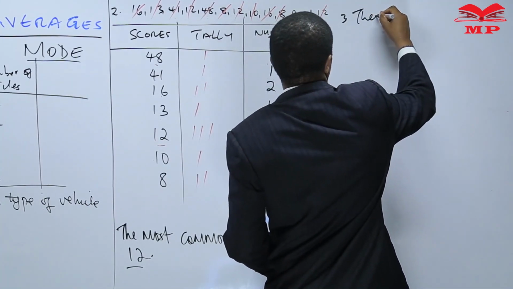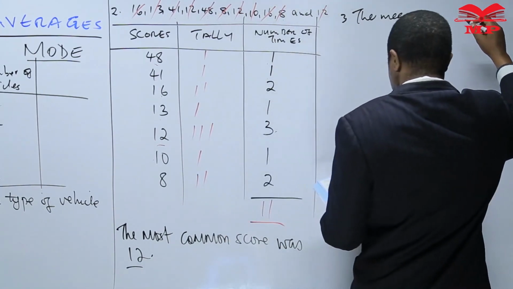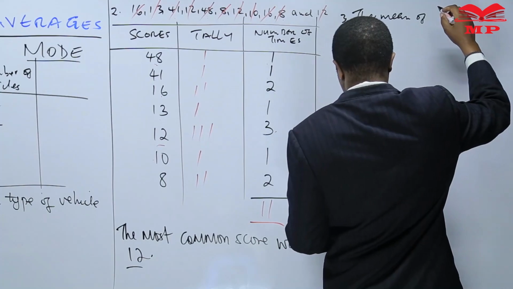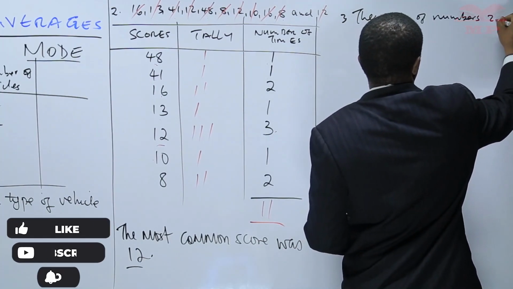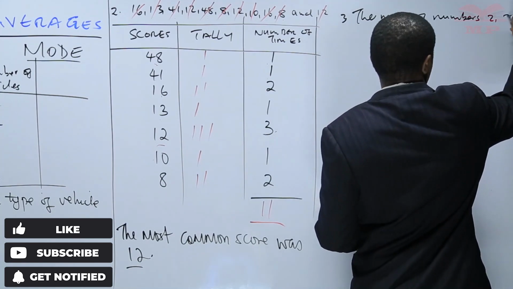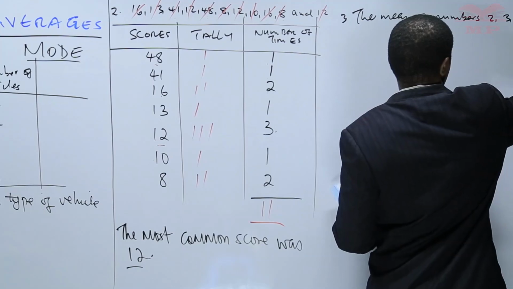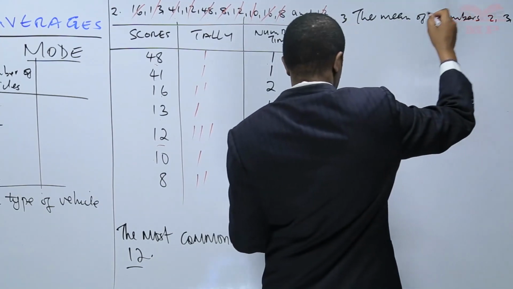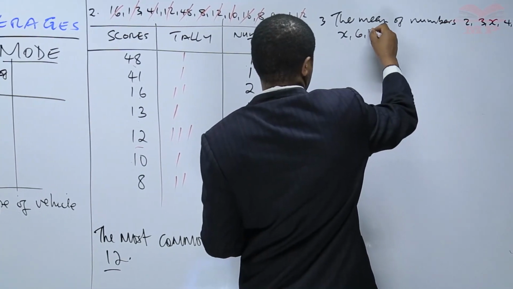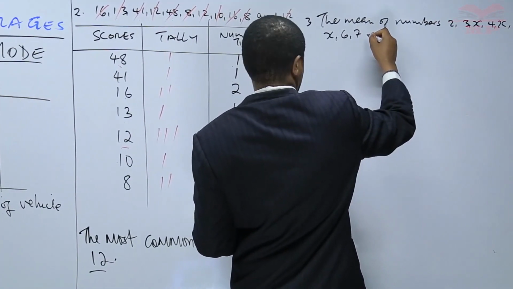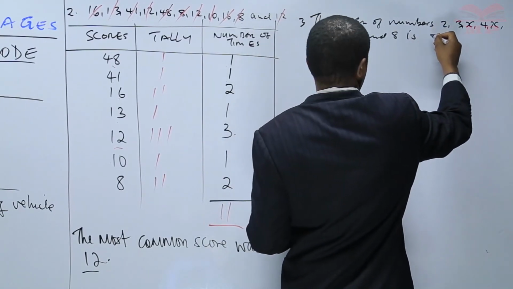The mean of numbers 2, 3, x, 4, x, 6, 7, and 8 is 5.